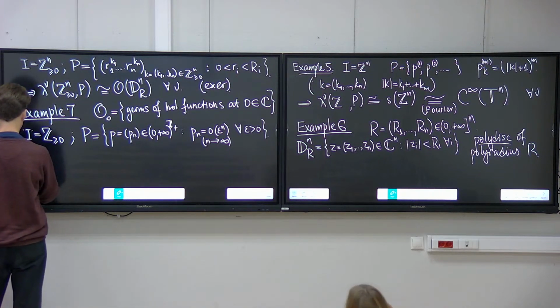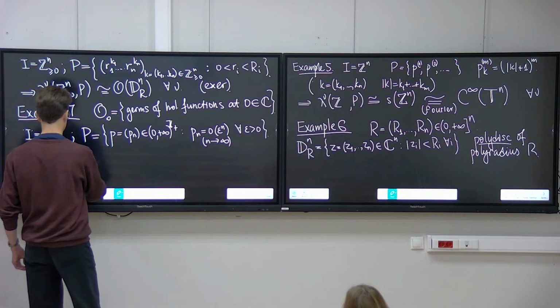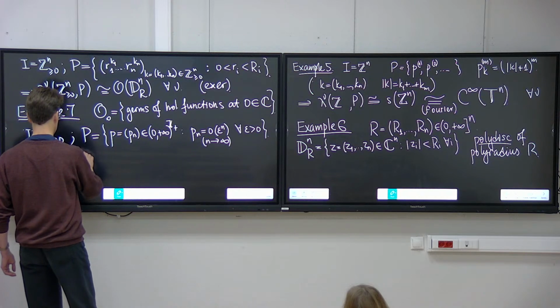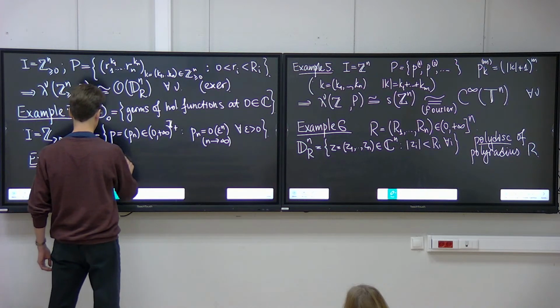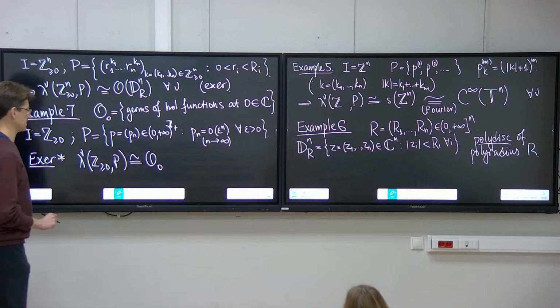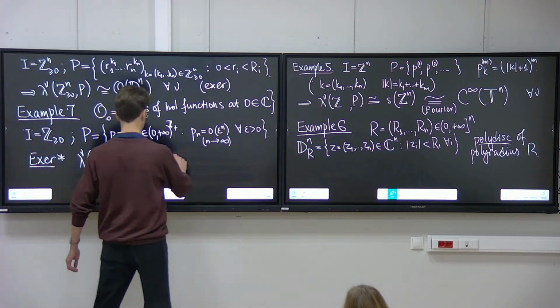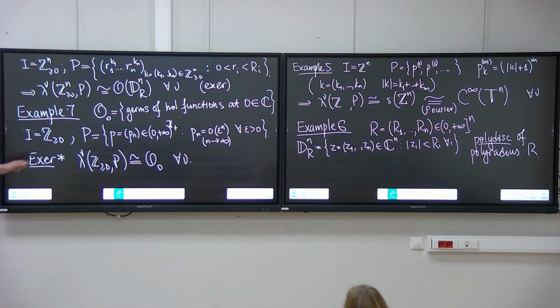I claim, this is an exercise, a bit harder than the previous ones, that the respective Köthe space, lambda nu of P, is topologically isomorphic to the space of germs of holomorphic functions at 0 for every nu. The isomorphism is the same.